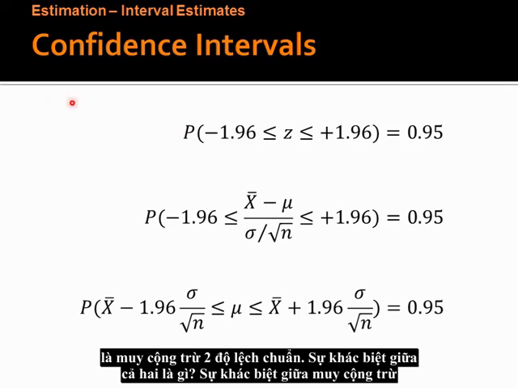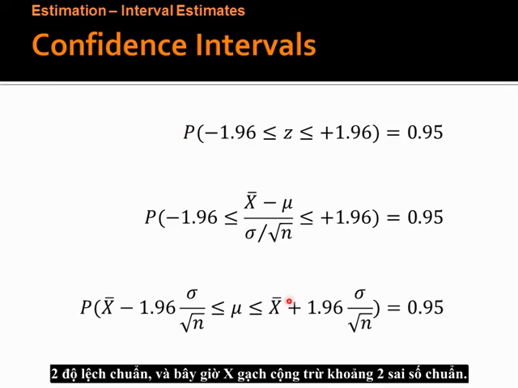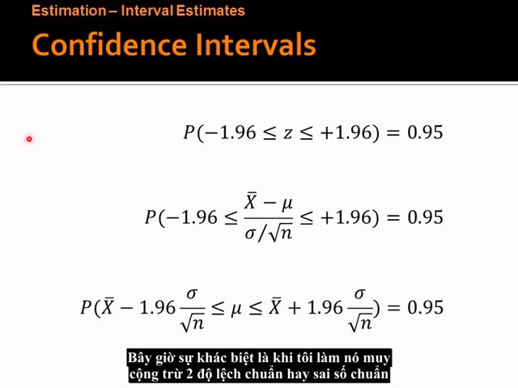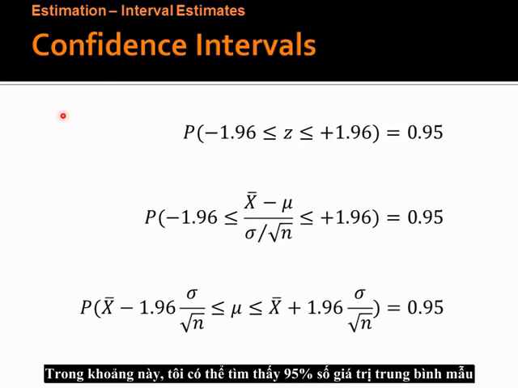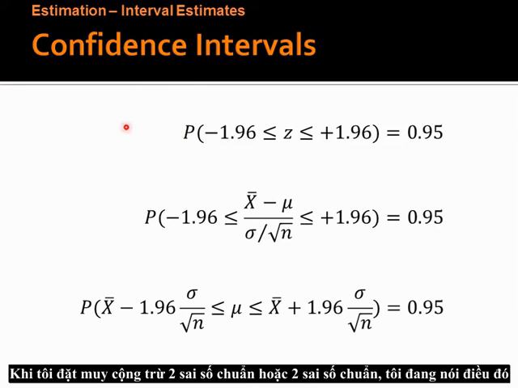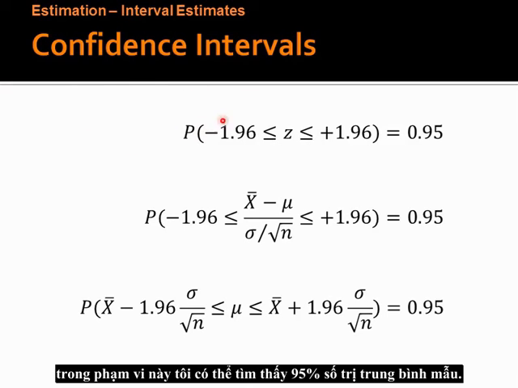When I did it as mu plus minus 2 standard deviations or standard errors, what that meant was that in this range, I can find 95% of the sample means.